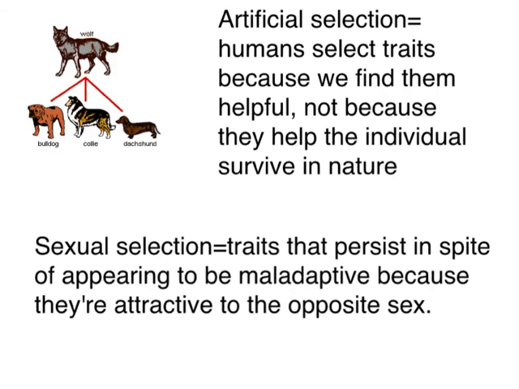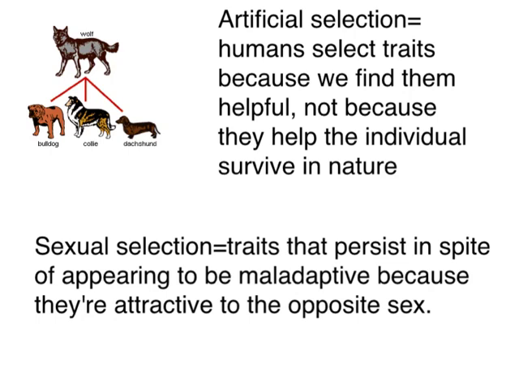The original organism that gave rise to the dogs that we use as pets were wolves. Okay, and through selective breeding, humans have bred them to do different jobs for us. Okay, but those characteristics that we see in our favorite dog breeds are not necessarily going to help them to survive in nature. And that's why we call this artificial selection, because nature is not doing the selecting.